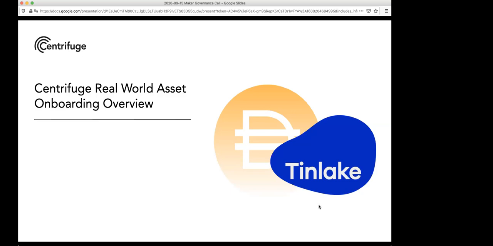So to put it very simply, just for the people that don't know about Centrifuge, Centrifuge is a set of technology that allows asset originators to bundle different loans in form of NFTs, create pools of assets, so securitize them and issue tokens against them that represent a share in this pool.